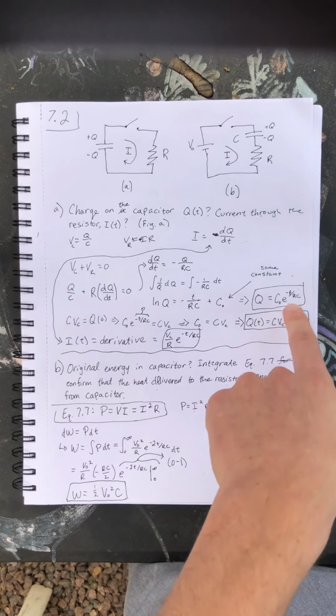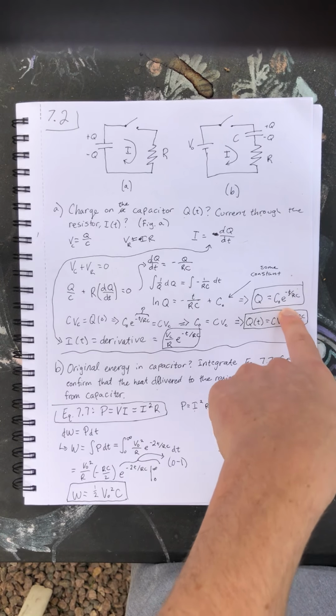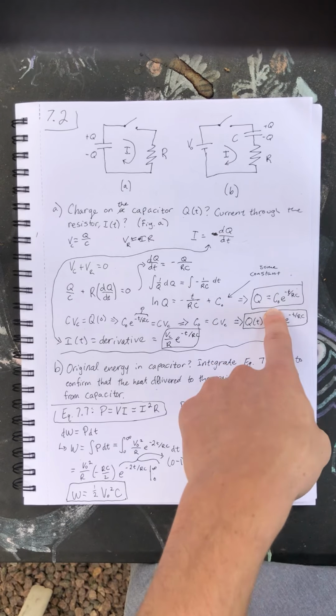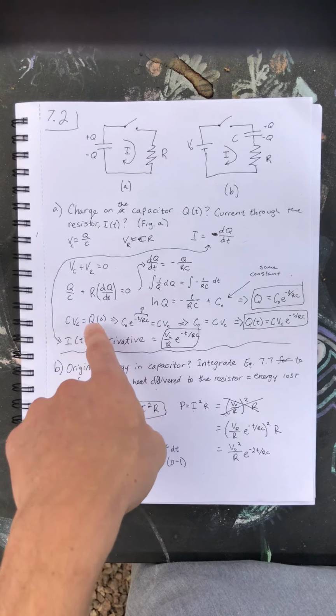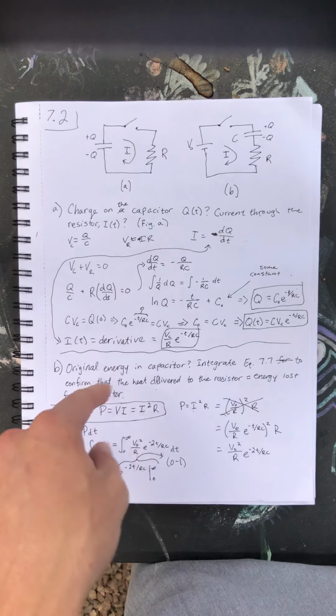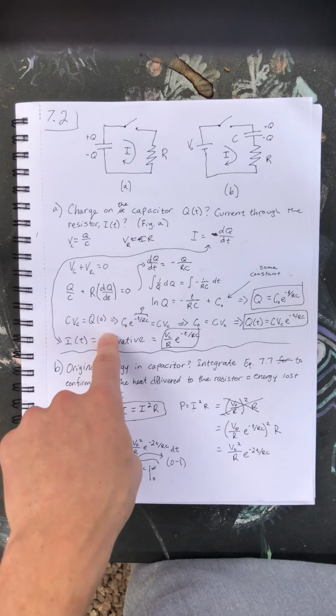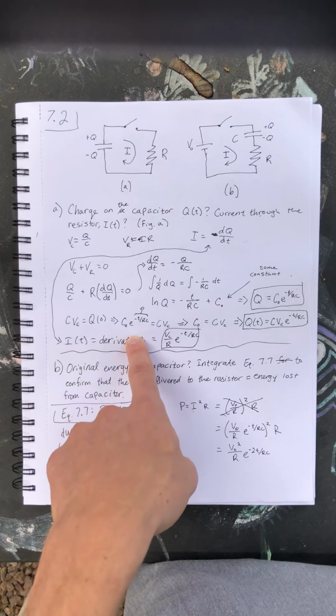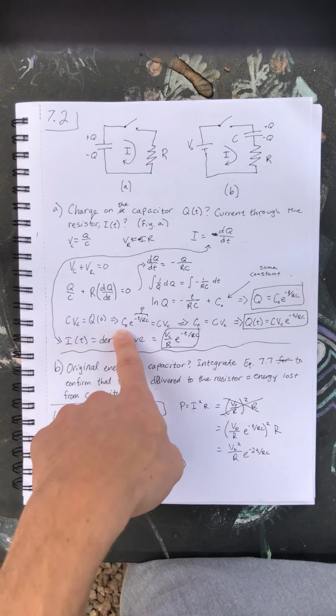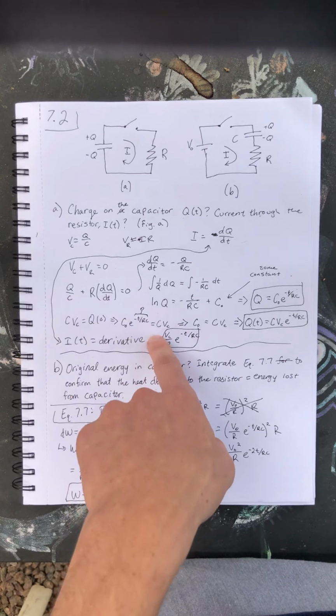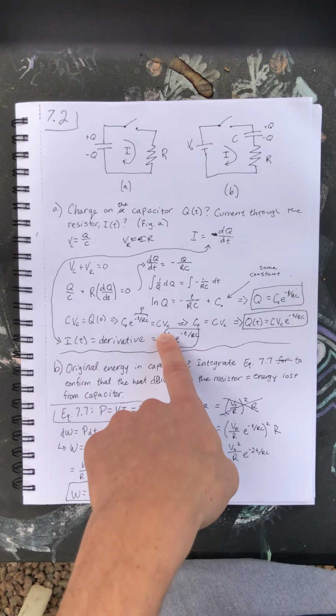So this is going to be how we can find Q. But to find this constant, we can set Q of t to be equal to 0. And then we will find that C naught times e to the 0 is going to be C times the voltage of the capacitor.